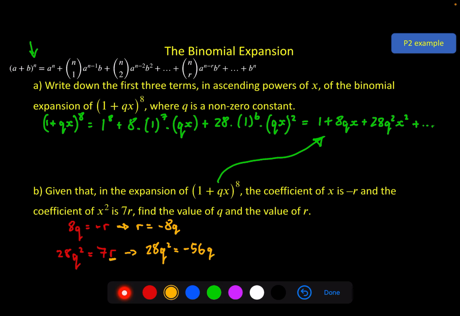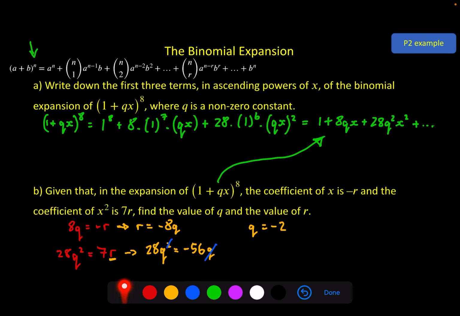If q is non-zero, then I can cancel a q on both sides, and I can say that, let's put this over here. So we've got 56 divided by 28 is 2, so q is equal to minus 2, because I've cancelled that with that, and then just divided by 28.